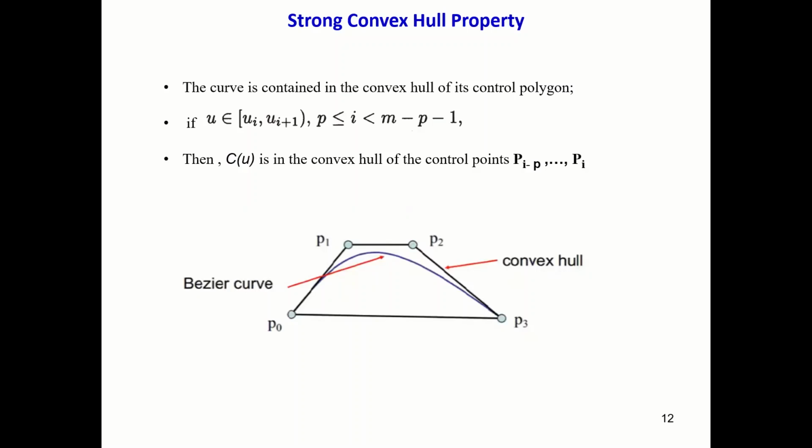Here in the example figure, the blue line with the curved edges is a Bezier curve, and the black lines with sharp edges form a convex hull containing the Bezier curve.